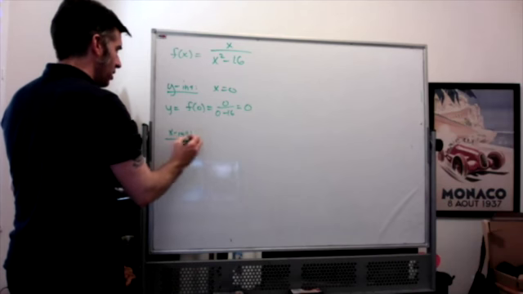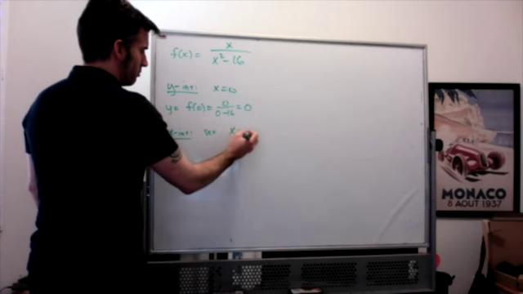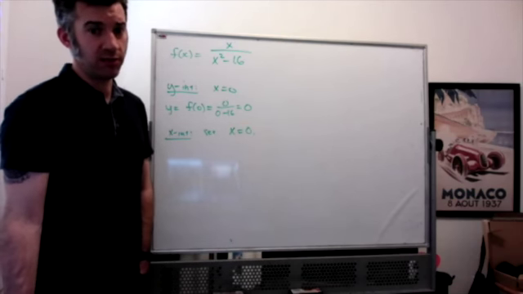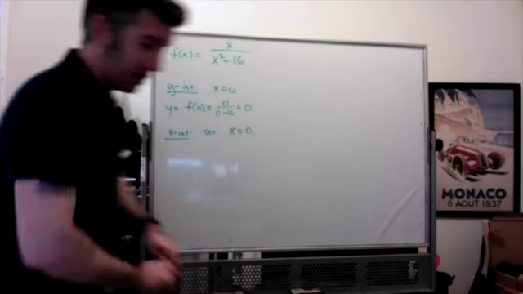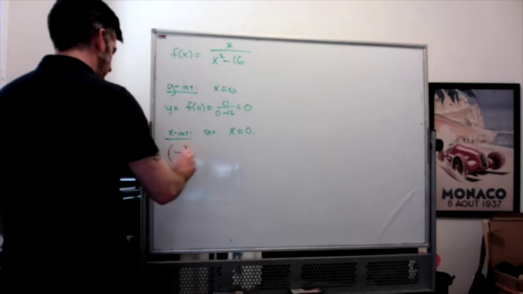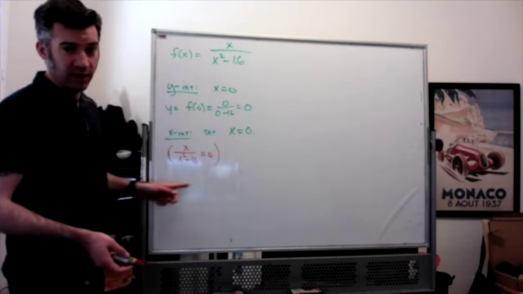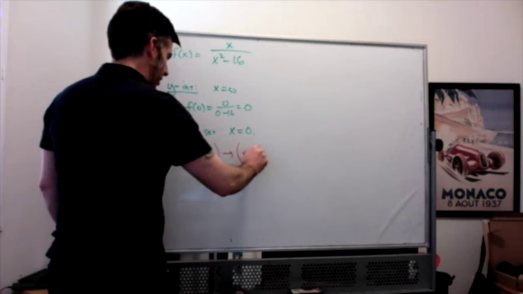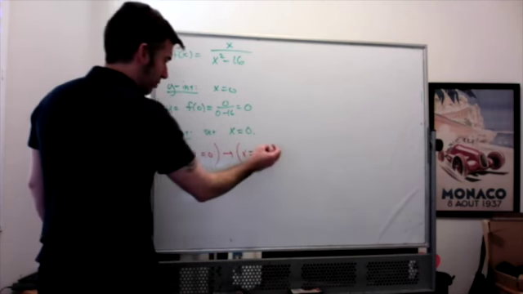X-intercepts. We just set the top equal to 0. Well, that was easy. We got x equal to 0. Or you could, if you really wanted to, set the whole thing, x over x squared minus 16, equal to 0. But then you're just multiplying both sides by the denominator. So you're getting x on the left equals 0 times whatever, which is still 0 on the right.